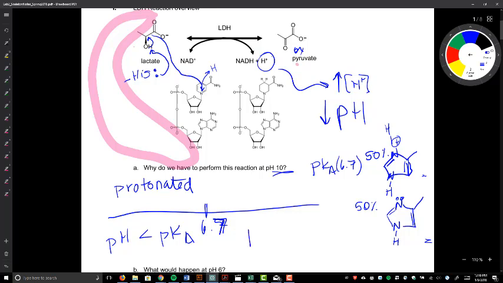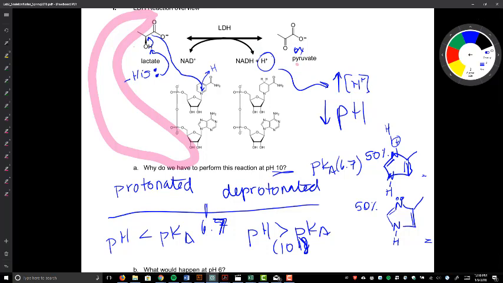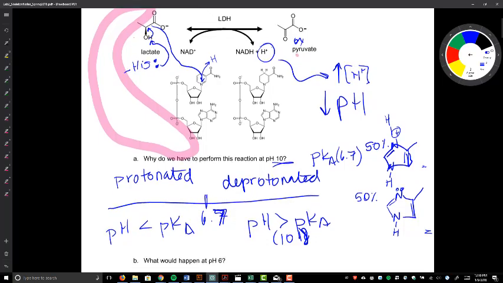Whereas if we crank up the pH and make it greater than the pKa, say a pH of 10, we're going to be favoring the deprotonated form. So at a pH of 10, we're going to see the deprotonated form, which means those lone pair electrons are free to pluck a proton off of the lactate molecule.